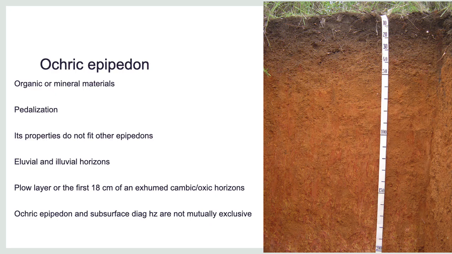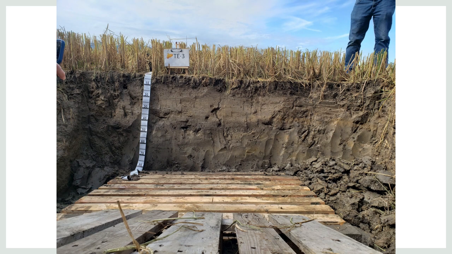I will talk about this in the next classes when we talk more about the cambic and oxic horizons, and I'm quite sure that will be more clear than now because you didn't see the cambic and oxic horizons yet, so it could be quite strange to understand this very well. So for example, this is the case.